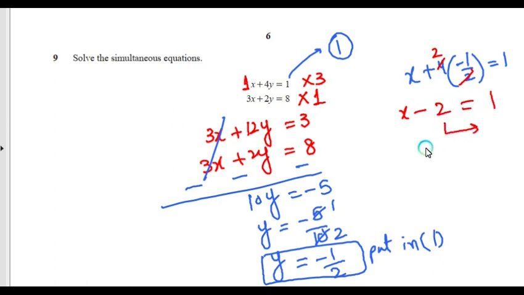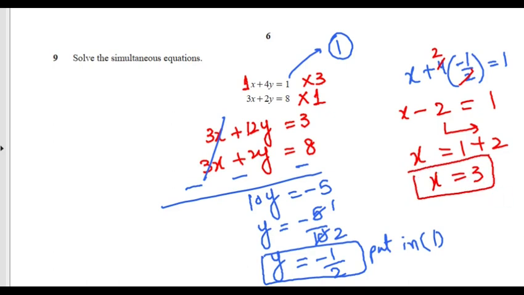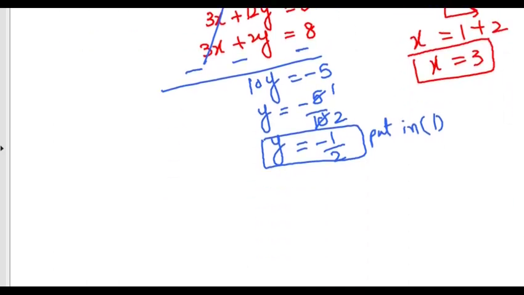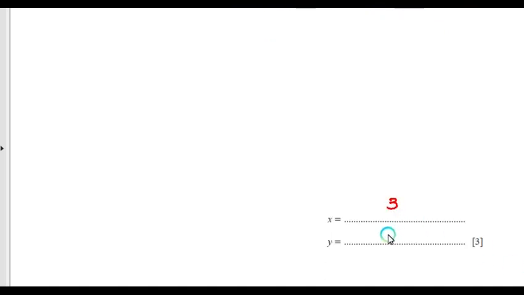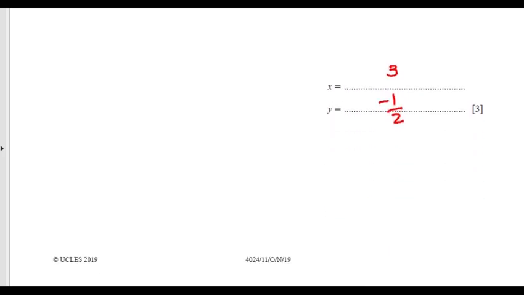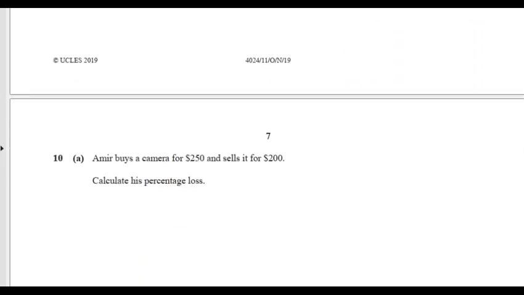Shifting this negative to the other side, it becomes x equals 1 plus 2, so we get x is equal to 3. So this is the x coordinate of the point of intersection. So x equals 3 and y is negative 1 by 2. So this is the solution of the linear equations given.